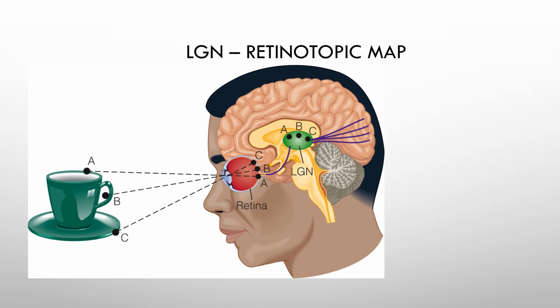B kind of straight back. C is going to go up. And again, B is closer to C and B is closer to A than A is to C. A and C are far apart. And if we look in the lateral geniculate nucleus, we have maintained this retinotopic map. A is close to B, B is close to C, A and C are far apart.